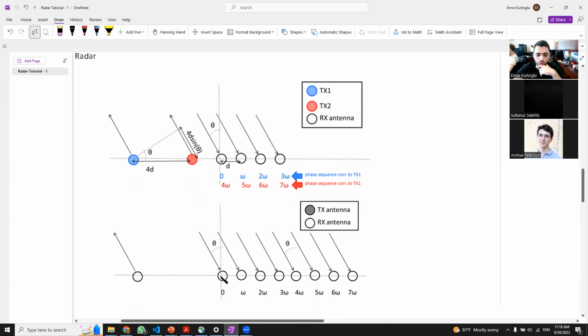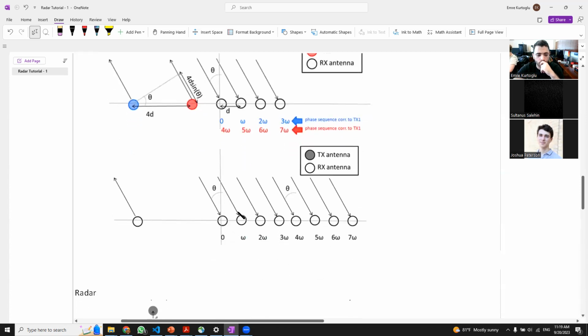So the first four of them are the channels coming from the first transmitter, and the other four channels are coming from the second transmitting antenna. Okay.